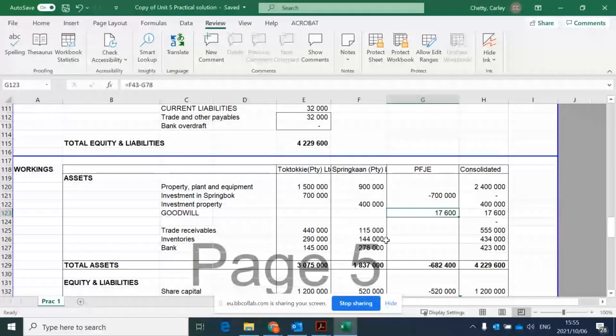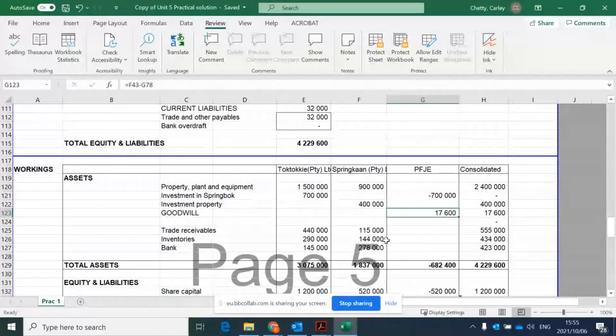So you can write 22,000 less the amortization of 4,400, and that will give you 17,600. It depends when the acquisition occurred, because if the acquisition only took place on the 31st of December, you would have goodwill, but you wouldn't have any amortization.